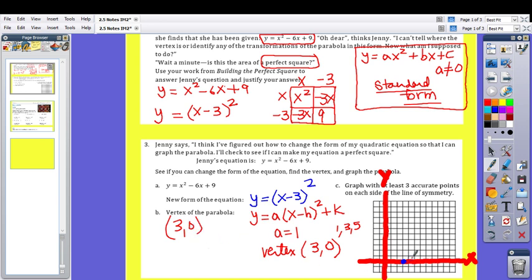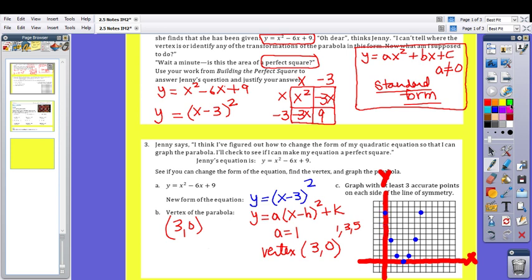Now you will go 1 up on both sides because your stretch factor is 1. Then you'll be going 3 up, so 1, 2, 3, and then 1, 2, 3. Now you'll be going 5 up for the next one, so 1, 2, 3, 4, 5, and then 1, 2, 3, 4.